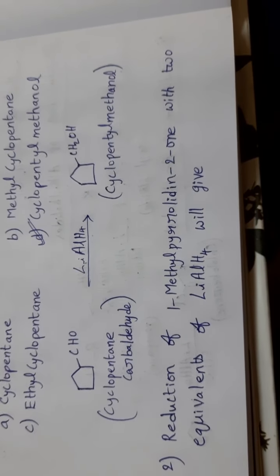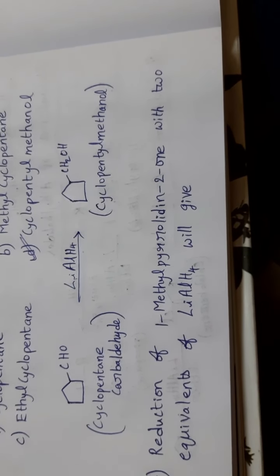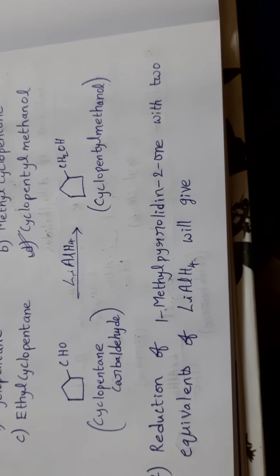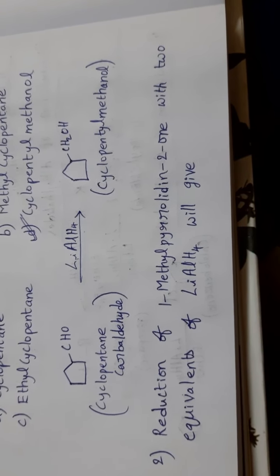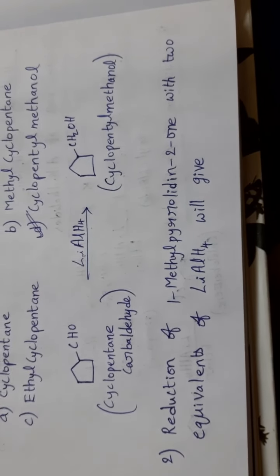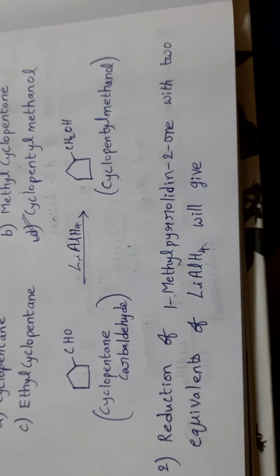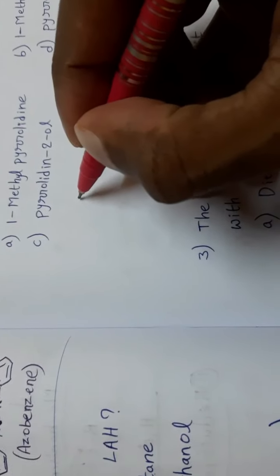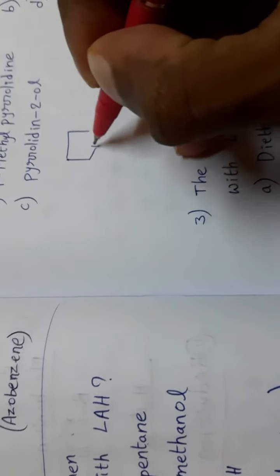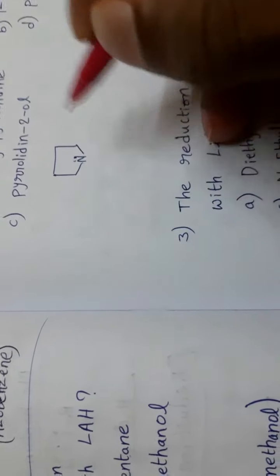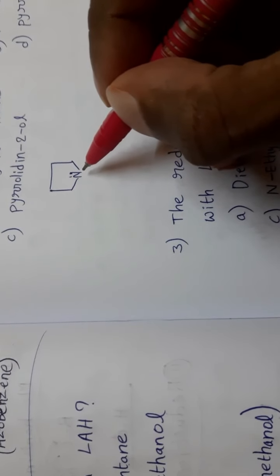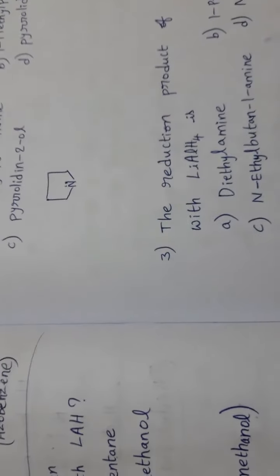Next, reduction of 1-methyl pyrrolidine 2-one with 2 equivalents of LiAlH4 will give. So here reactant is 1-methyl pyrrolidine 2-one. Say this reactant. When hydrogen is attached to this nitrogen, that is called pyrrolidine.